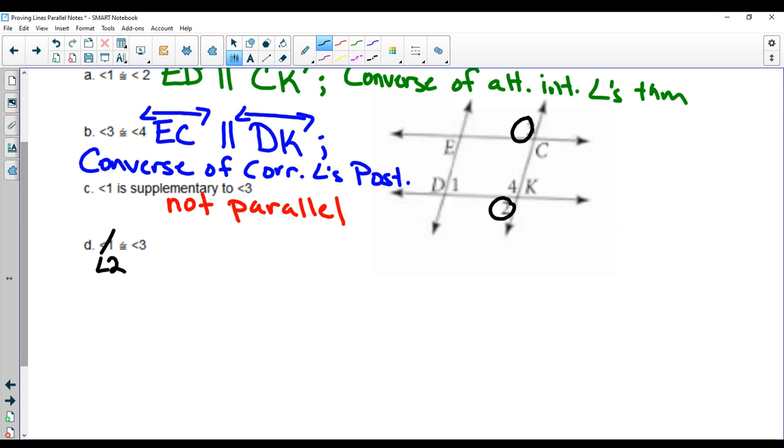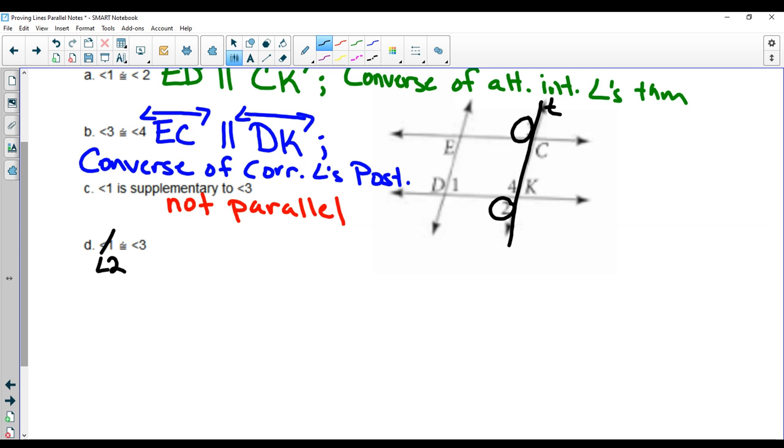So we want to see if that information is enough to prove that some lines are parallel. So we can pick a transversal, this one right here. What relationship would those have? Angle 2 and angle 3.